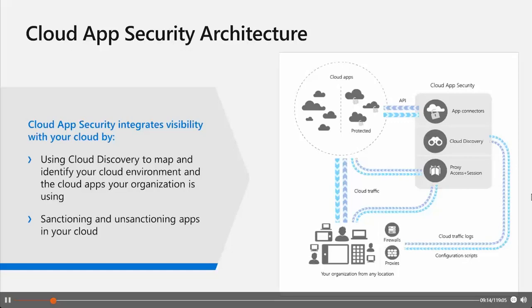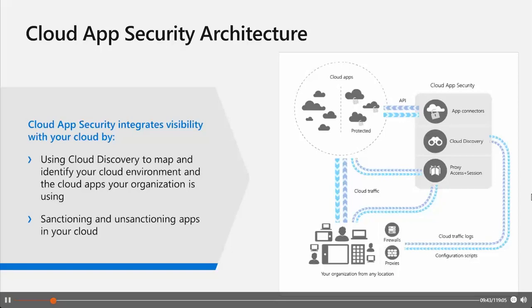On the other hand, we have the app connectors. App connectors use APIs from cloud app providers to integrate Cloud App Security with other cloud apps. App connectors extend the control and protection scenarios. They also give you access to your information directly from the cloud apps, for example for Cloud App Security analysis.